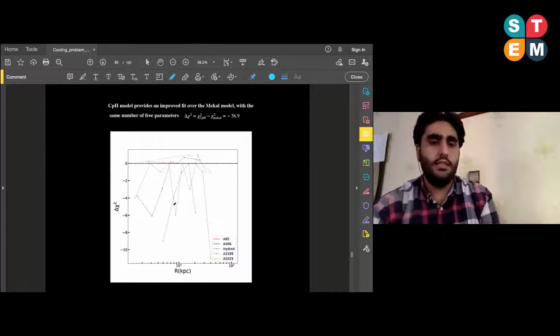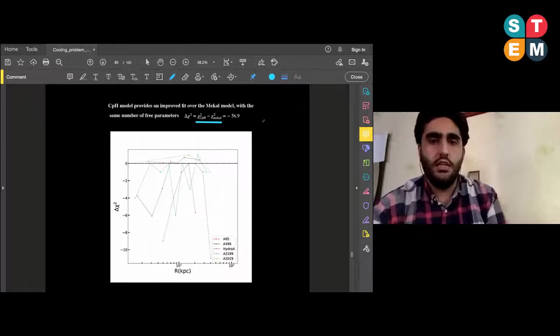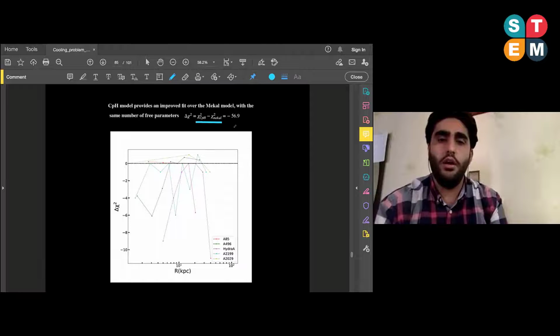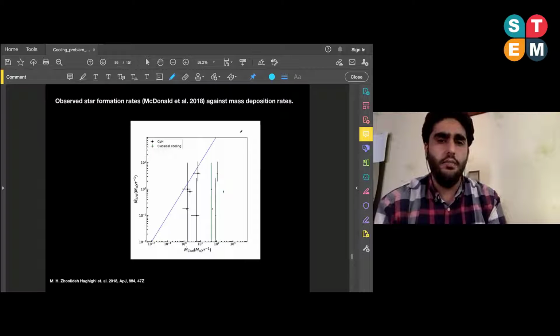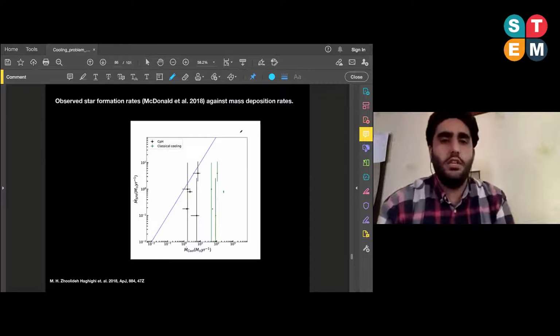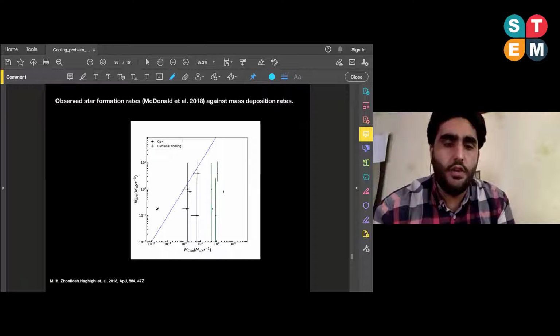And here you can see the delta chi-squared of our prediction and the MEKAL model. You can see that our prediction is much better in many parts than the MEKAL model. The delta chi-squared between our model and MEKAL is minus 56.9. And here I have provided observed star formation rate against mass deposition rate, m dot, that we defined in our model.